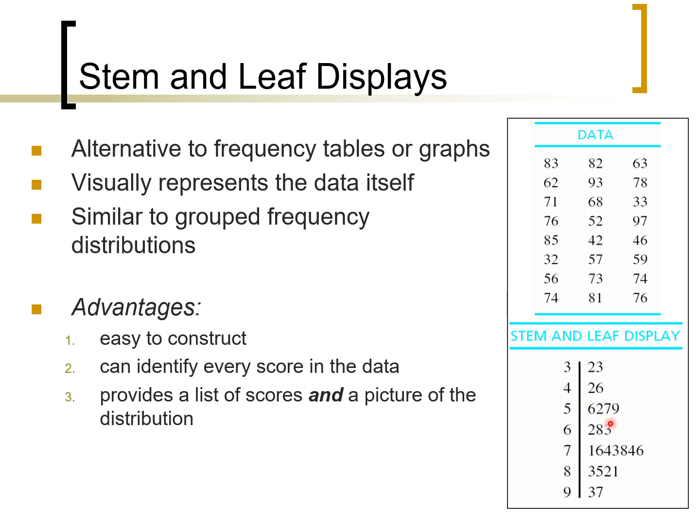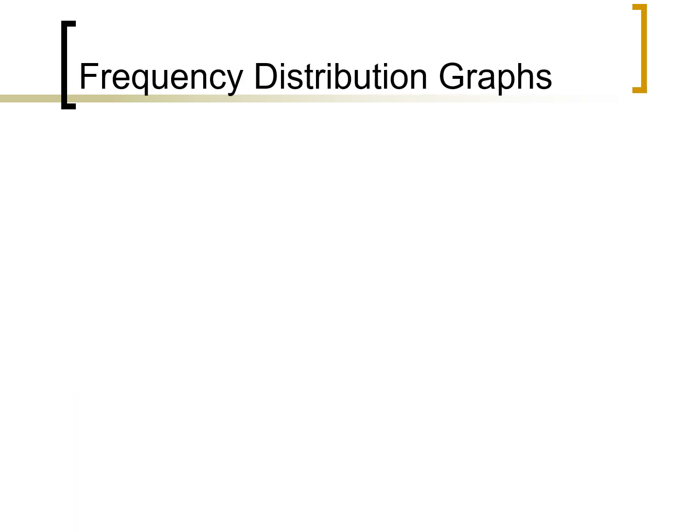So it does give you a little raw sense of the actual shape of the distribution of the numbers in the sample or population. And then finally, you can easily split the data into more precise intervals.